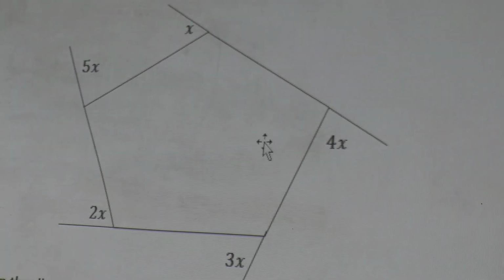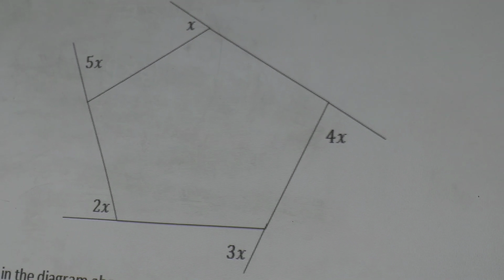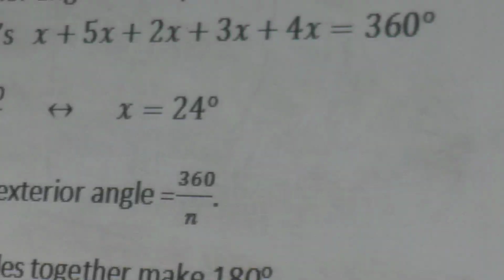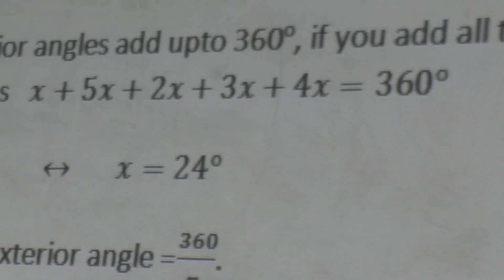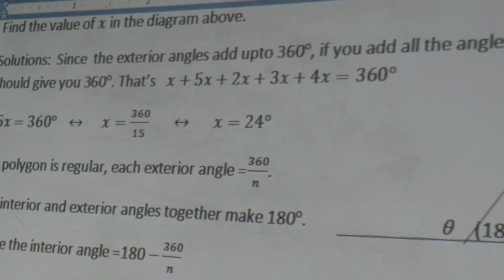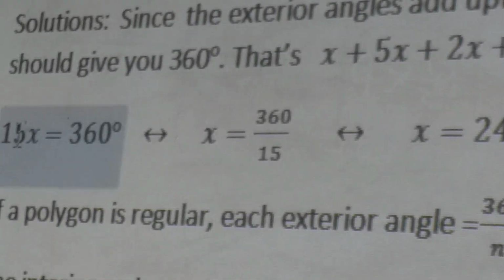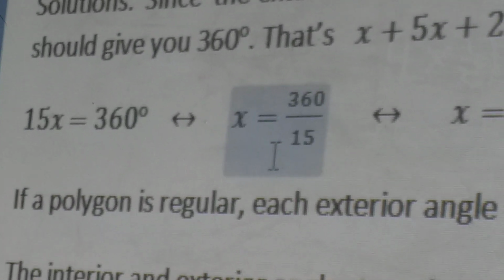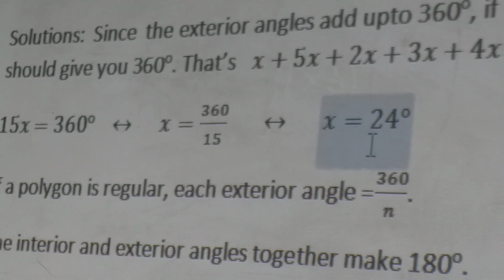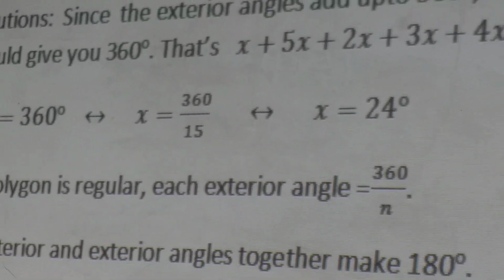We add them and equate the result to 360. They give us 15x equals 360. We divide both sides by 15, so x will be equal to 360 over 15. That's x equals 24 degrees.